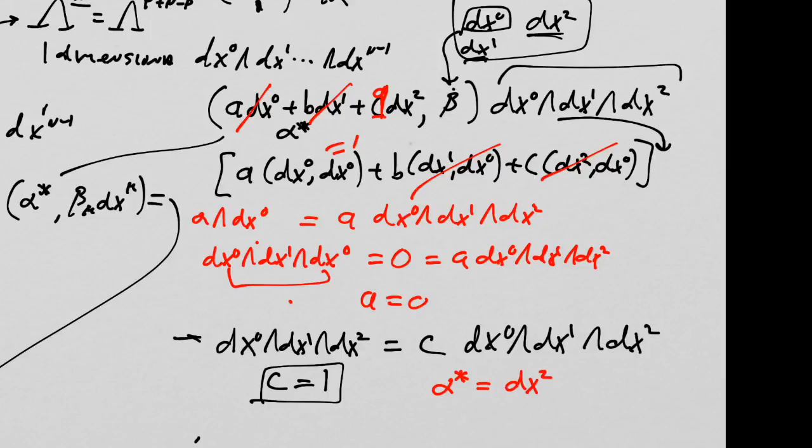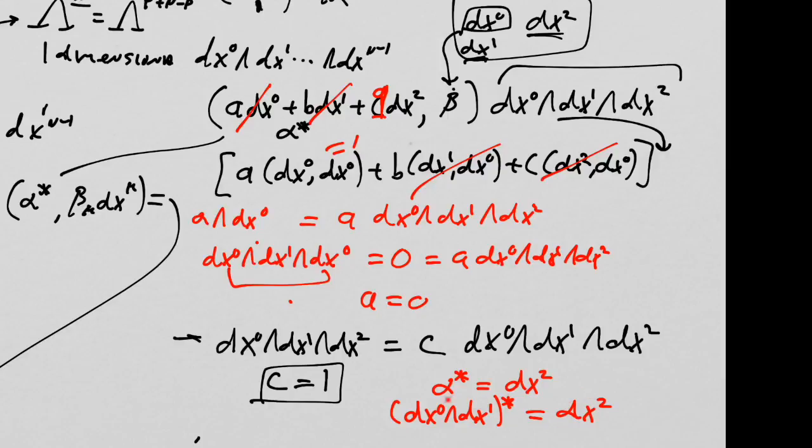But furthermore, what I can say is that dx0 wedge dx1, that's the vector alpha, the dual of that is simply dx2. Now notice, this is our answer. And what's next, so this guy here is an element of the second exterior power. This guy is an element of the first exterior power.